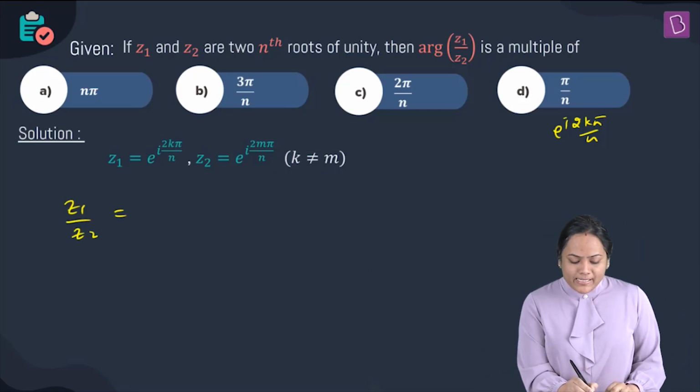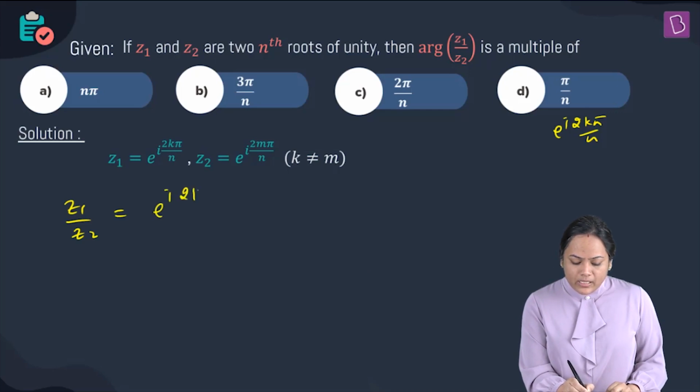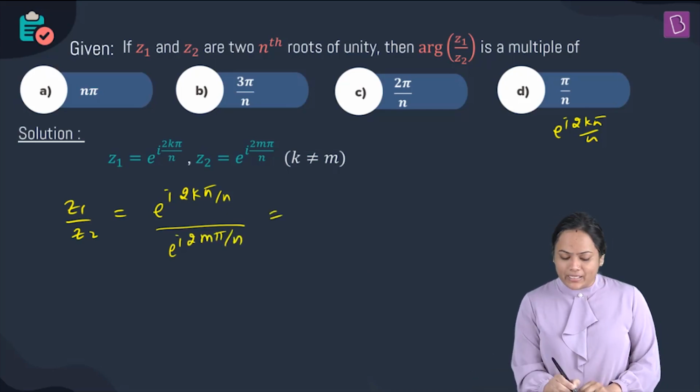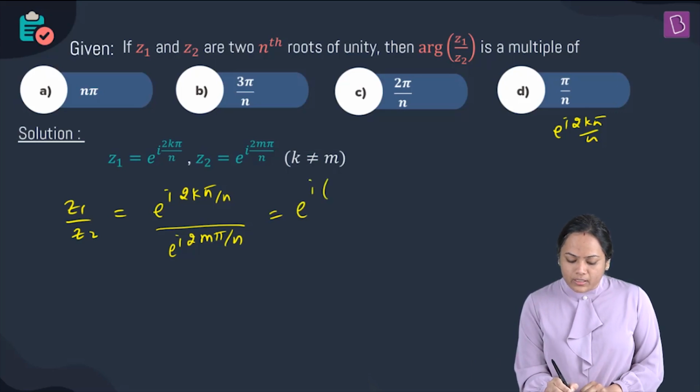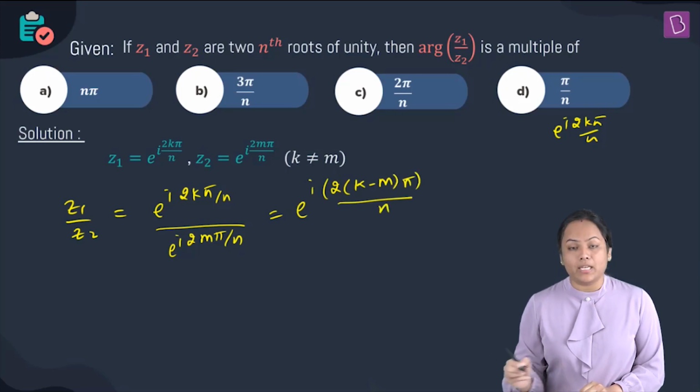So my z1 by z2, when I divide these two, is e raised to iota 2k pi by n divided by e raised to iota 2m pi by n. And finally, it's going to become e raised to iota twice of k minus m pi by n.